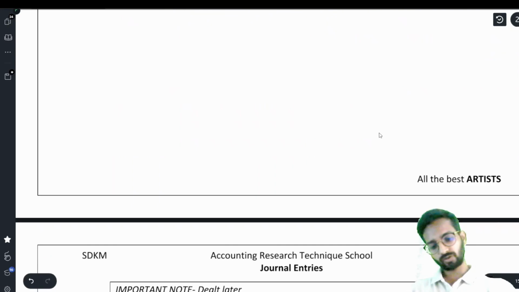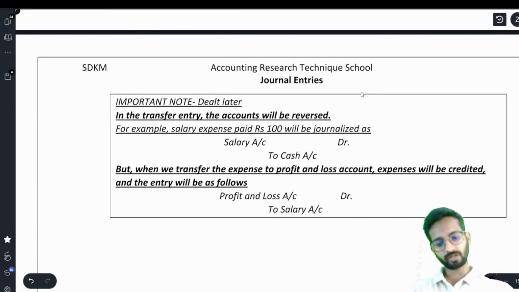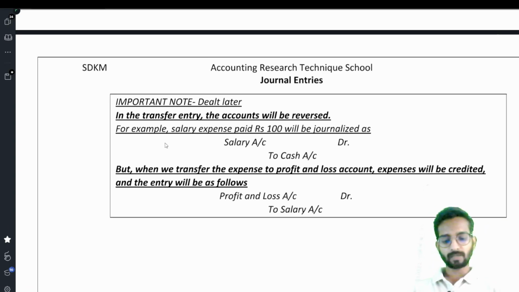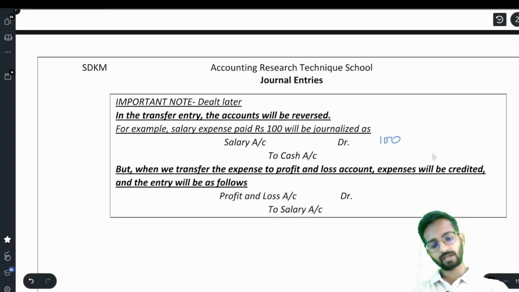Now, just to give you a brief about the last very important thing that we will deal with later in the final accounts chapter: in the transfer entry, the account will be reversed. What does it mean? For example, salary expense paid is rupees 100. How do we generalize? Salary account debit 100 to cash 100. Very simple.